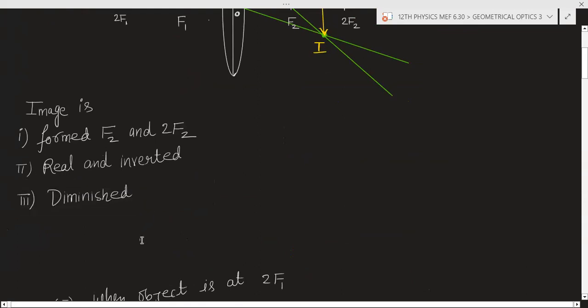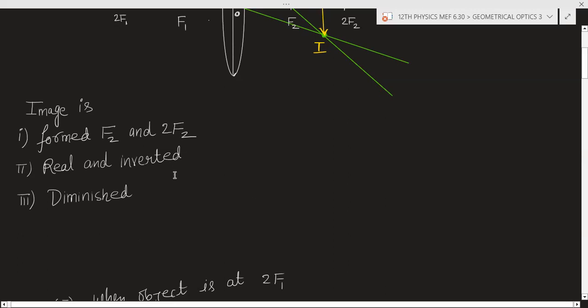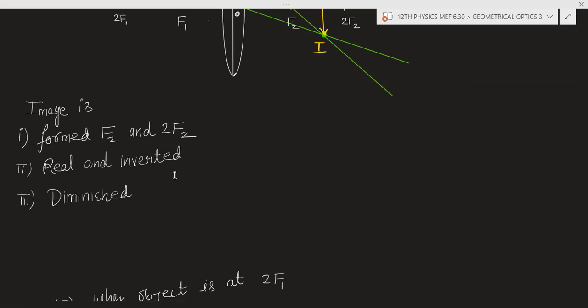So the convex lens can produce a variety of images. In case of the convex lens, it can produce the virtual and erect image for one case, and the real and inverted image also. And in terms of size, the convex lens can produce a diminished image, an image of the same size as the object, and an enlarged image.